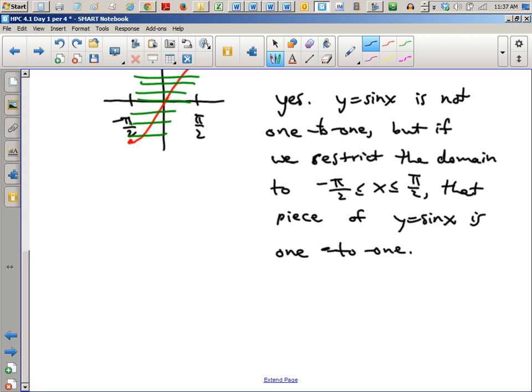By the way, this red thing has a name. It is called the principal sine function. And it's written y equals capital S, I-N, x. Capital S, I-N, x. So the lowercase one is the full graph, and the capital S is the little one-to-one piece surrounding the origin.